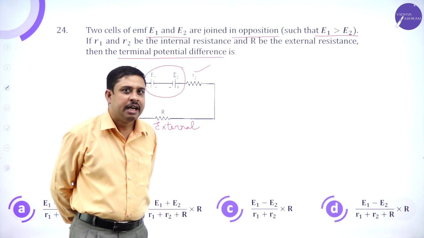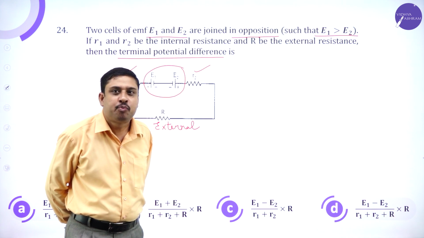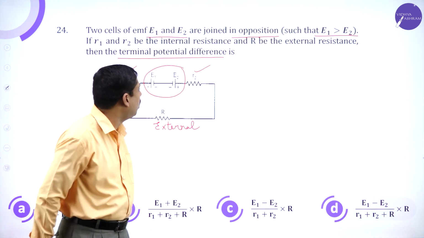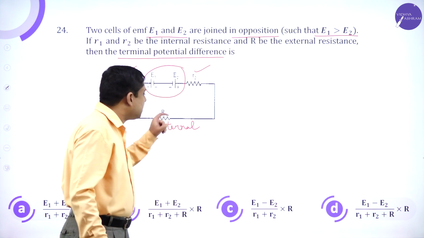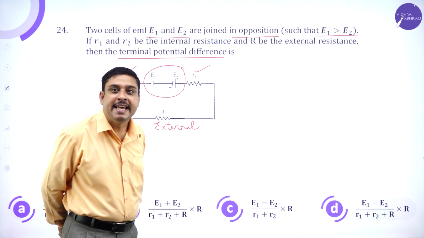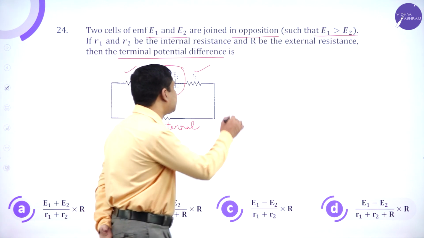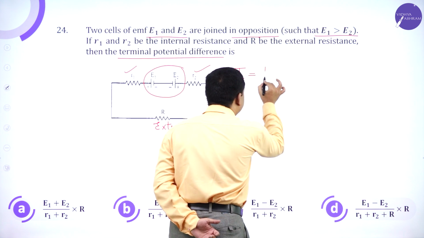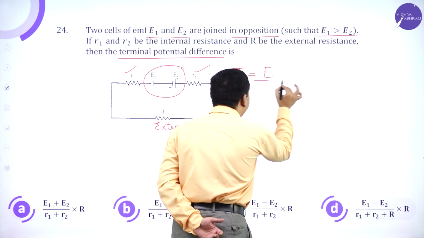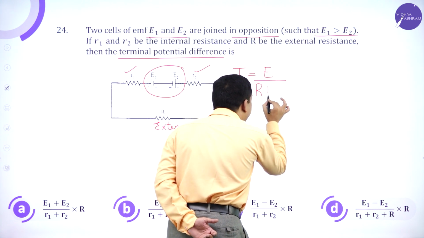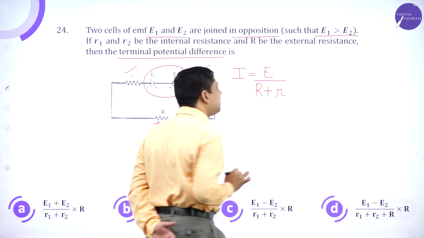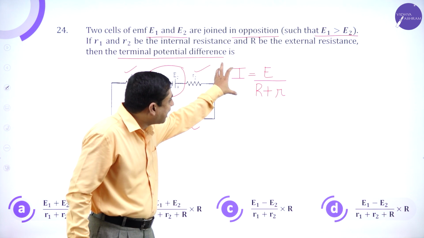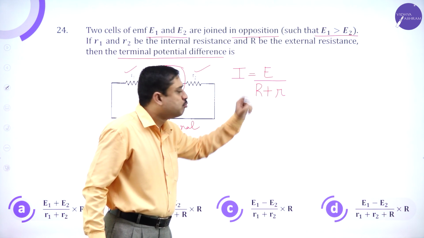Come on, students, recall the expression for current flowing in a circuit where you have cells with EMF and internal resistance. Yes, I equals E divided by R plus r. This is the expression for current in terms of EMF.